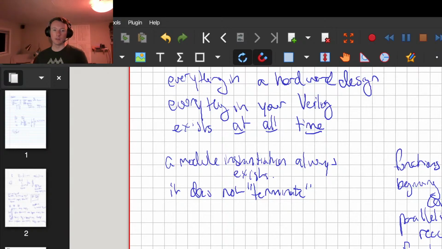So that's a big difference here: modules always exist versus functions begin and end.